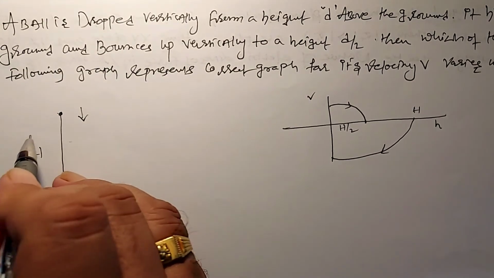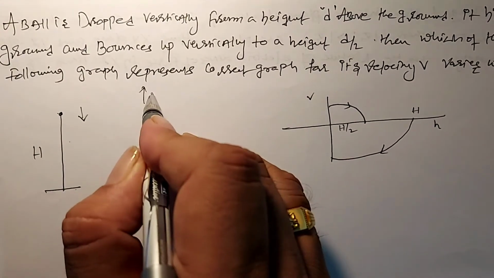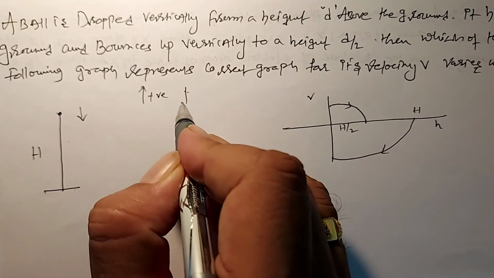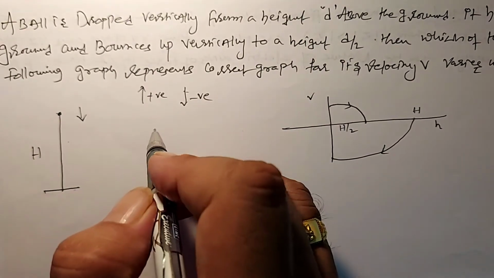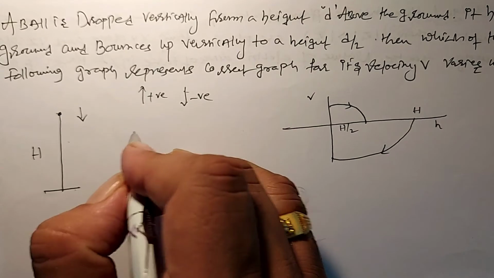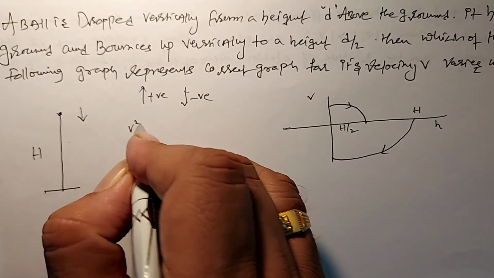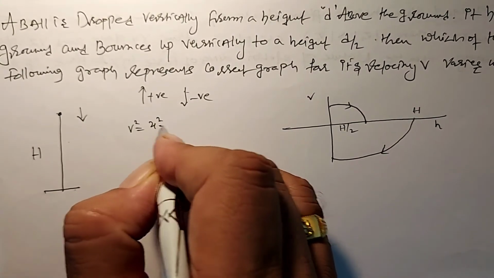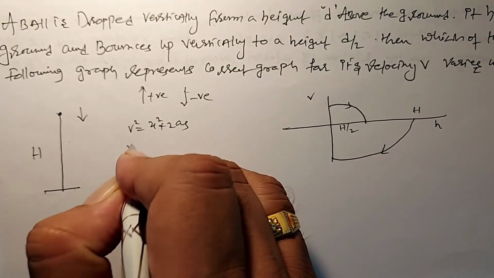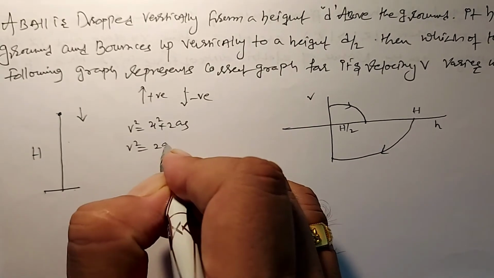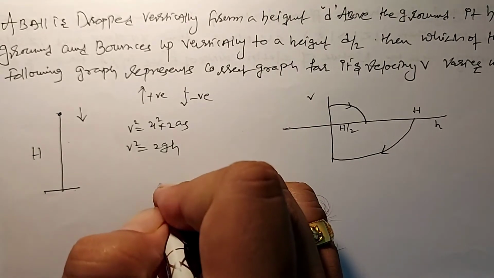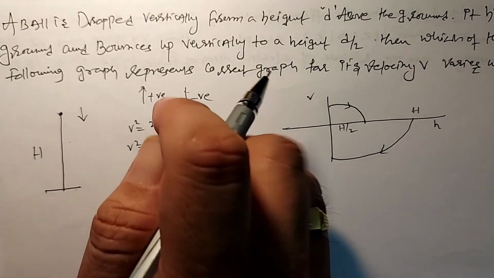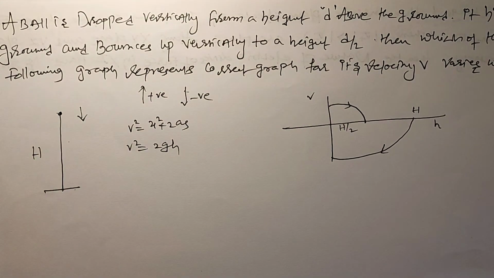We take the upward direction as positive and the downward direction as negative. This is a dropped body. We know that v² = u² + 2as, with u = 0, so v² = 2gh. This is a parabola equation, so the nature of the graph is a parabola.